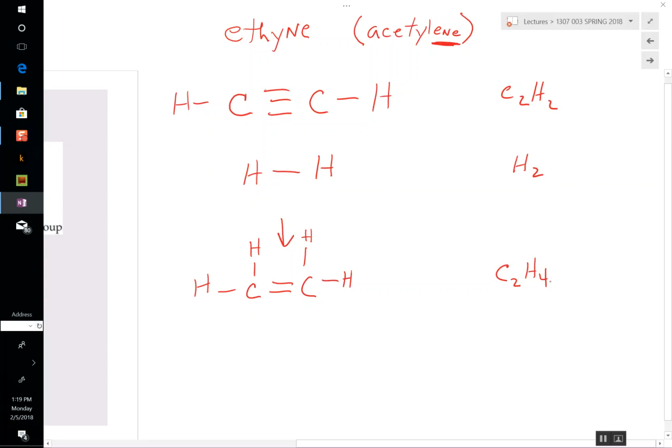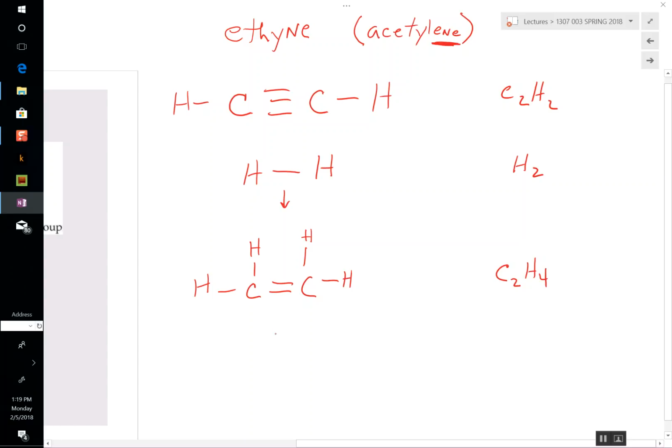It's that molecule. With me? It reacts very similarly to an alkene. The hydrogen adds across the triple bond, gets rid of one of the bonds, and you've got a double bond.